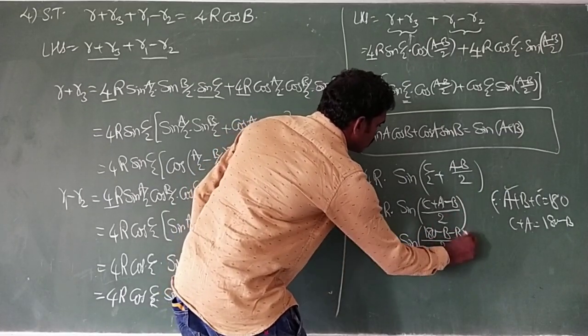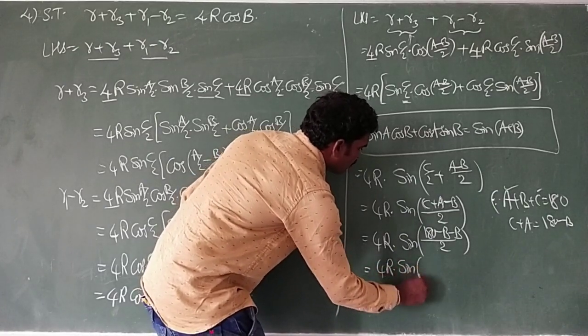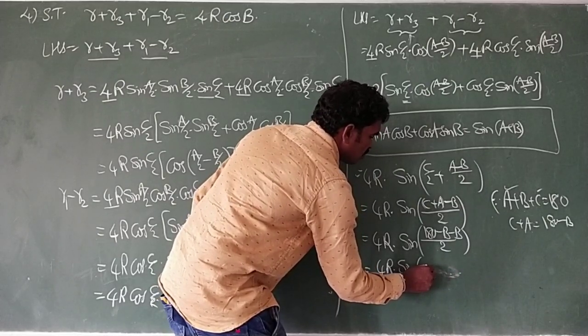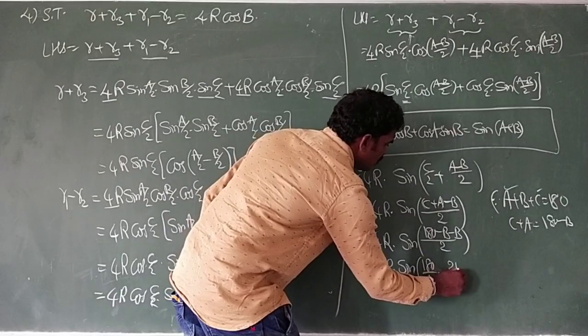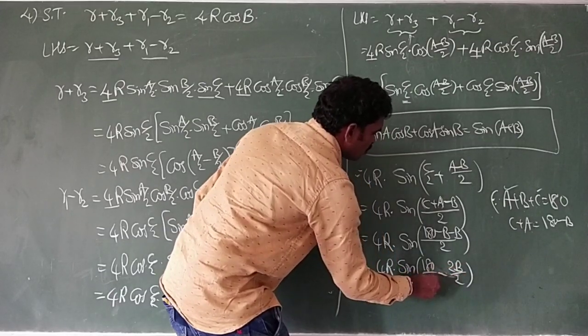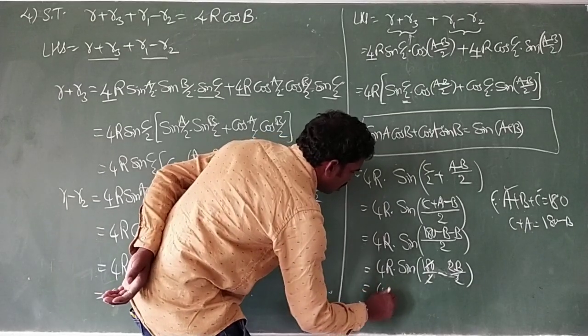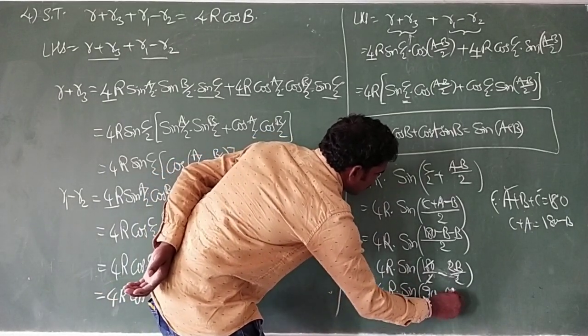So which is equal to 4R sin of 180 by 2 means what? Okay, directly I'm writing minus B, 2B by 2. So 180 by 2 means 90. 2 cancels. So which is equal to 4R sin of (90 minus B).